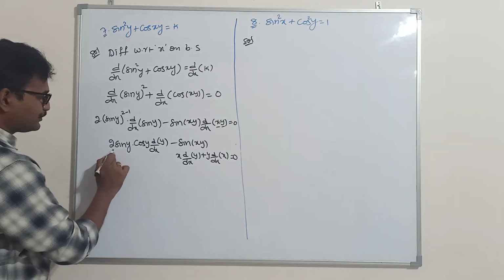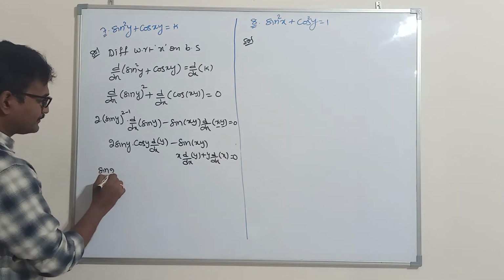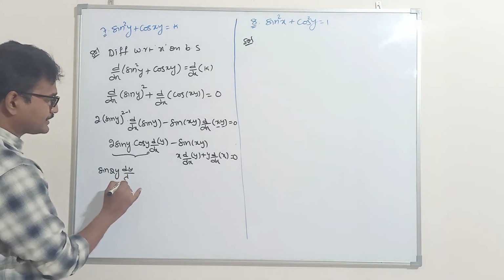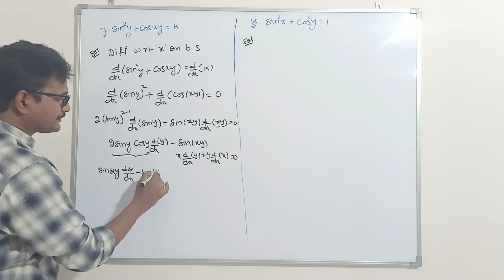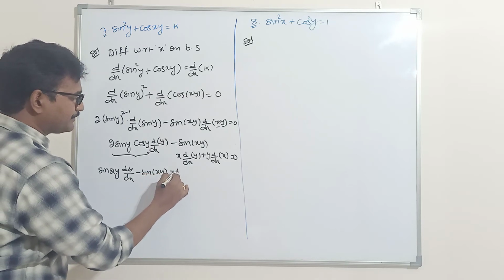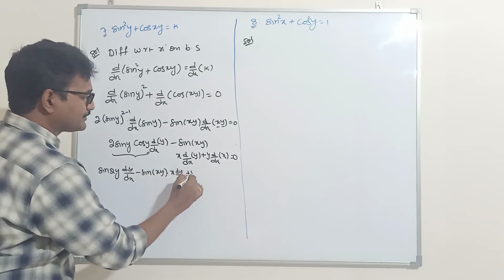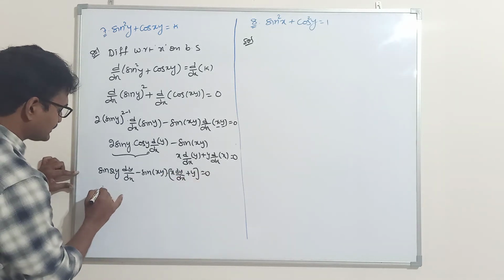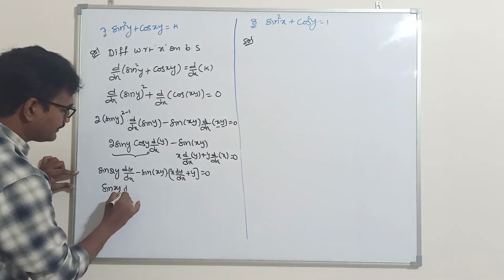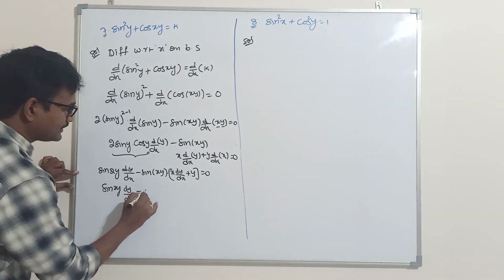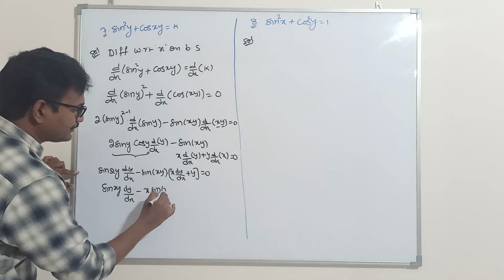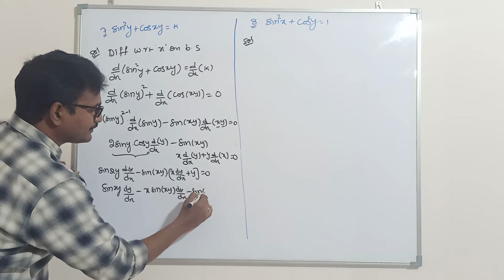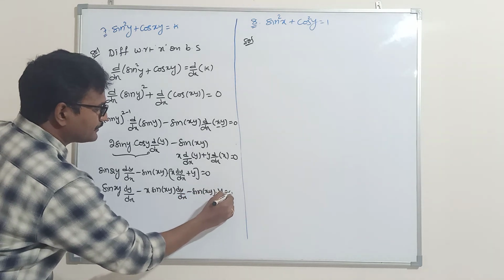So here what will we get? 2 sin y cos y means sin 2y, this is the trigonometry formula, into dy by dx minus sin of xy into x into dy by dx plus y is equal to 0. So sin 2y into dy by dx minus x into sin of xy into dy by dx minus sin of xy into y is equal to 0.